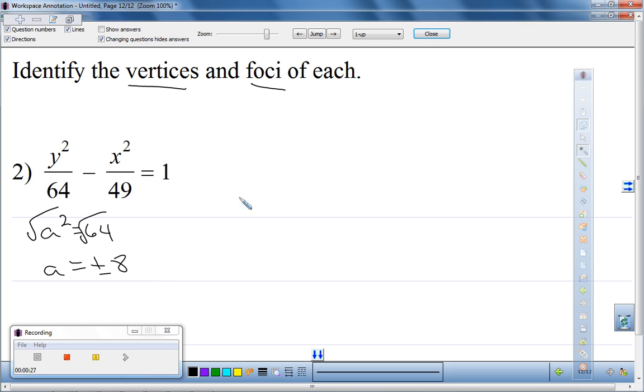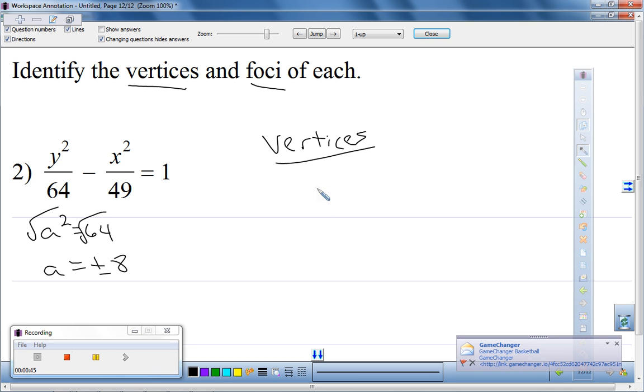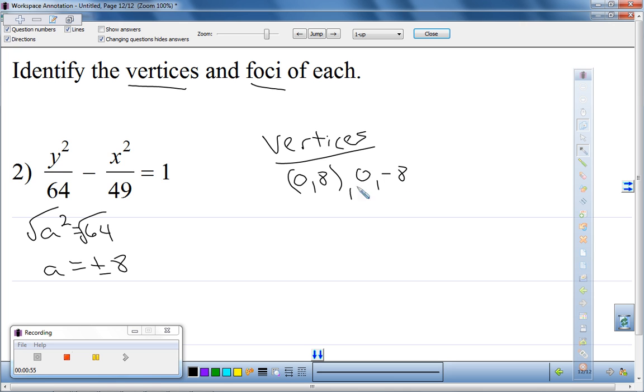All right, so anyway, our vertices can be found by taking 8. It'd be (0, 8) and (0, negative 8).